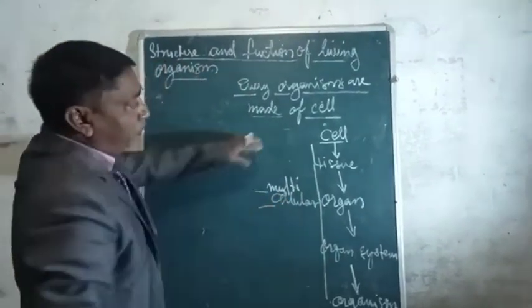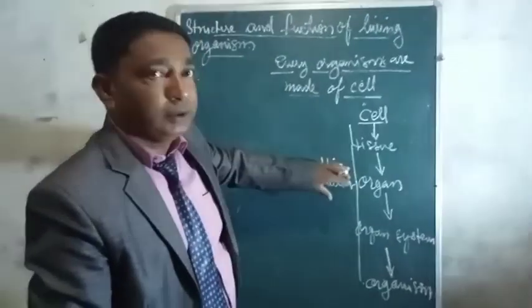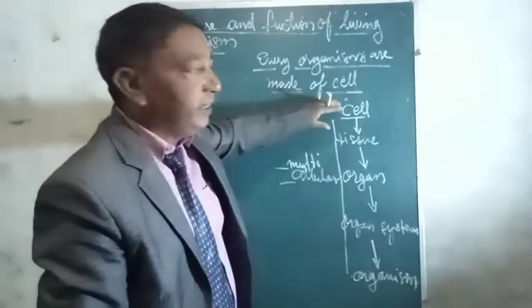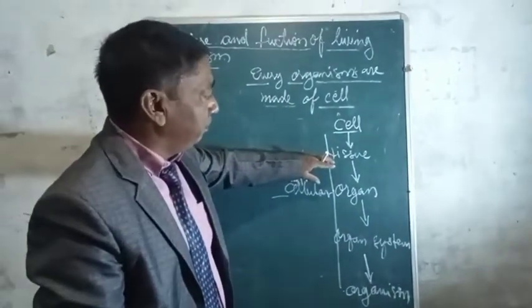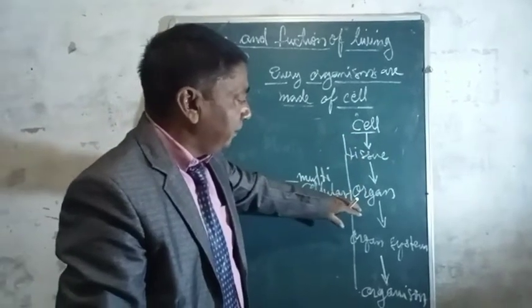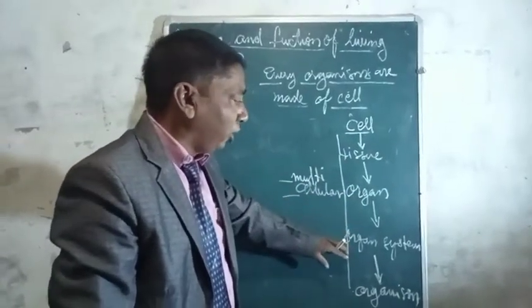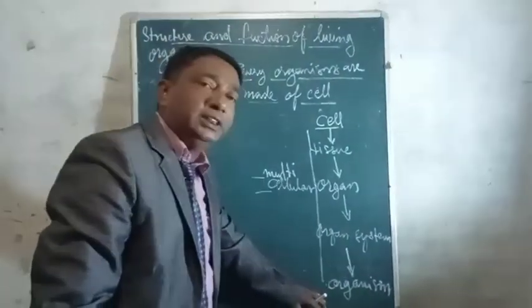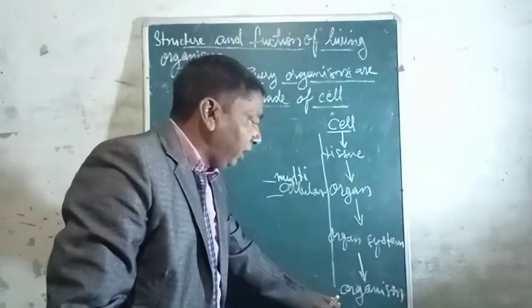The process is like this: many cells join together to make tissue, many tissues join together to form an organ, many organs join together to form an organ system, and many organ systems join together to form an organism.